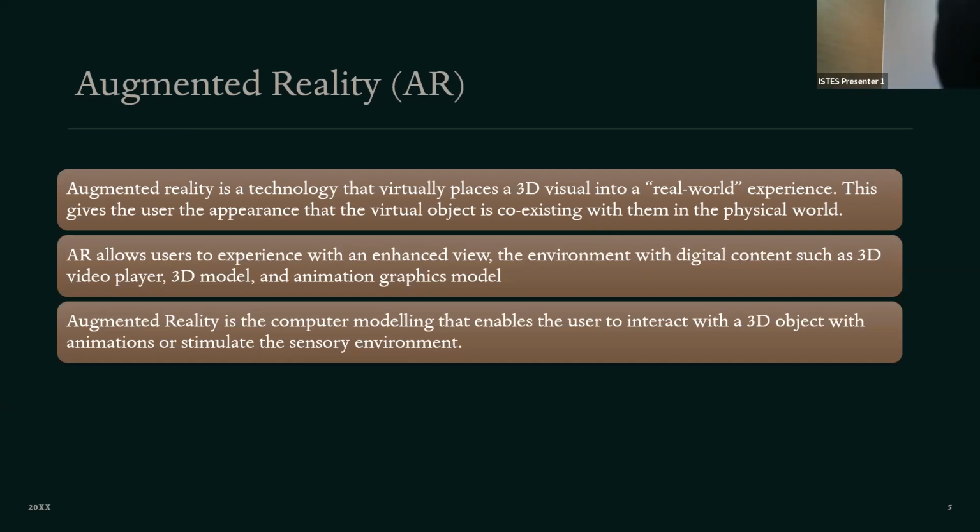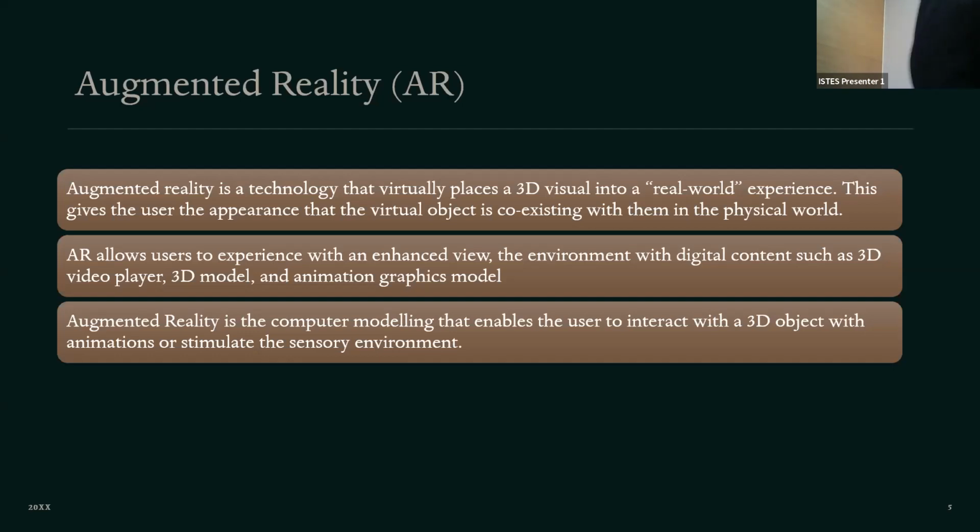So AR allows users to experience an enhanced view of the environment with digital content such as a 3D video player, a 3D model. You can see the model on the TV, but you cannot feel the object.